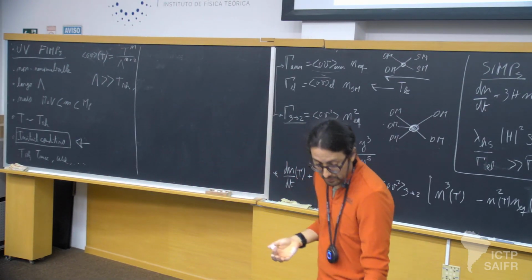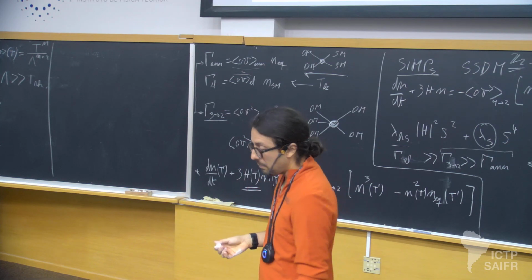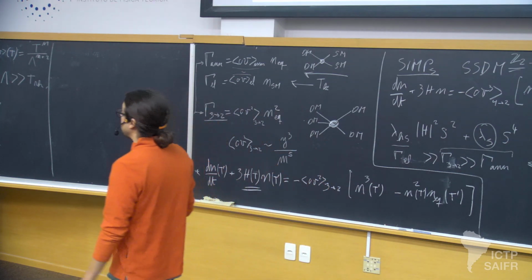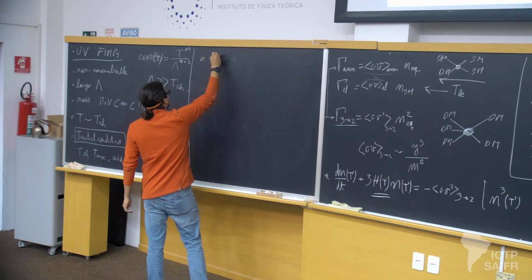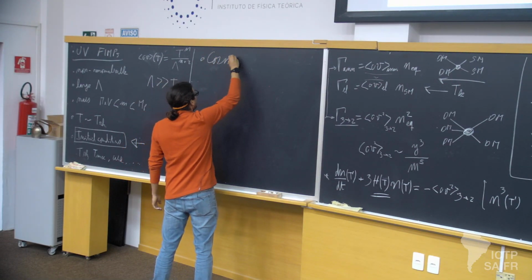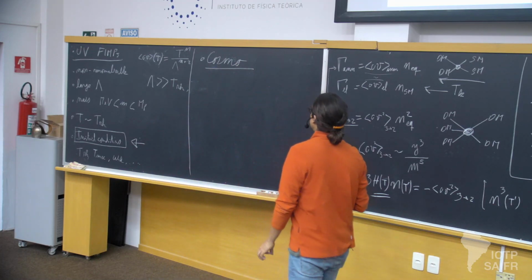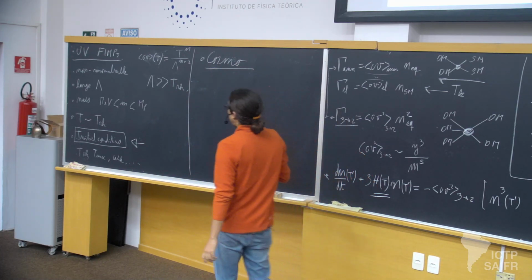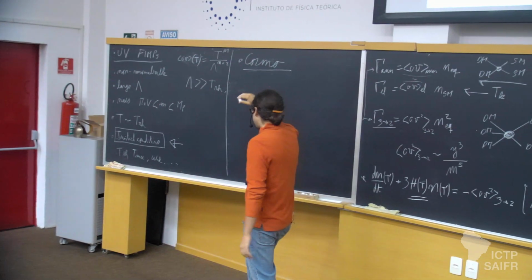We can also have fun with the Liouville operator. So we can also think about possible non-standard cosmological evolutions, and that's what we will discuss now. Cosmology, very fast, in 5 minutes. What we have done so far is assume that the universe is always dominated by standard model radiation, right?